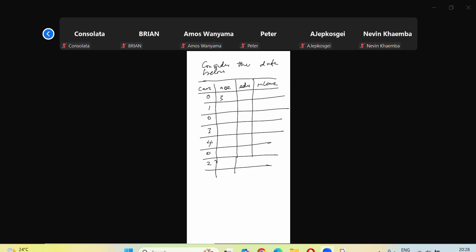Age, let's say 30, 35, 21, 18, 36, 22, 44. Education, maybe this one has primary, this one has primary, this one has secondary, this one has, let's say, degree, this one has degree, this one has primary, this one has secondary.